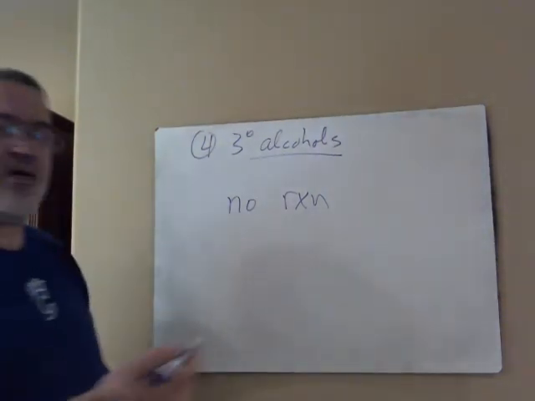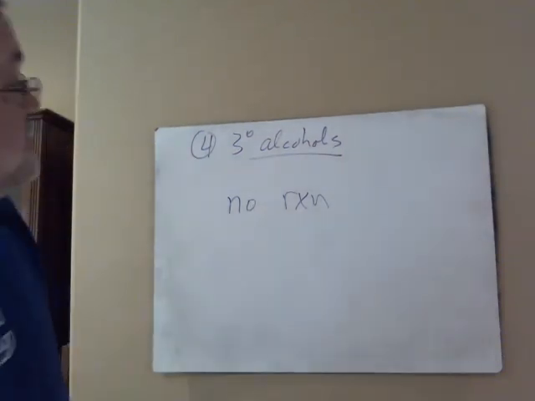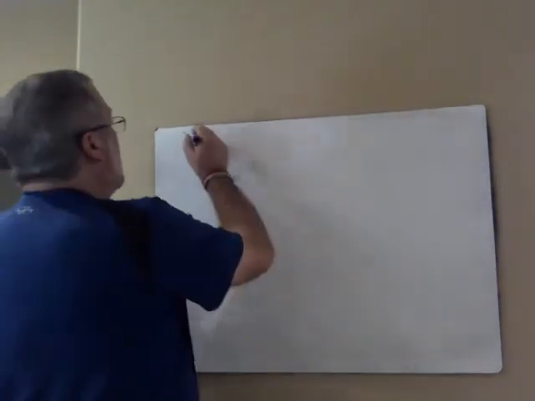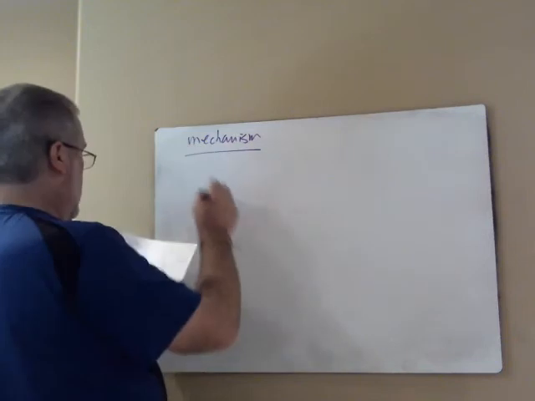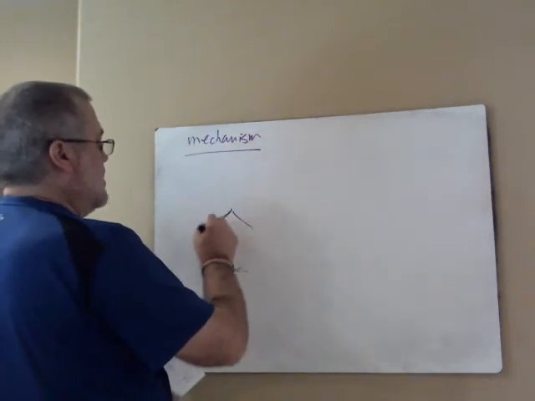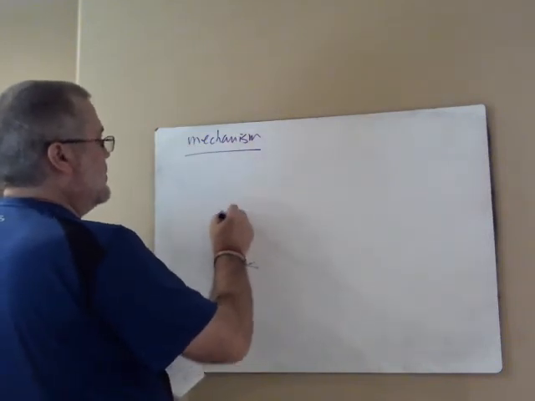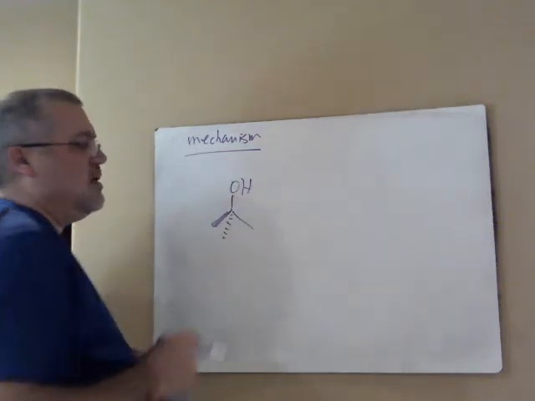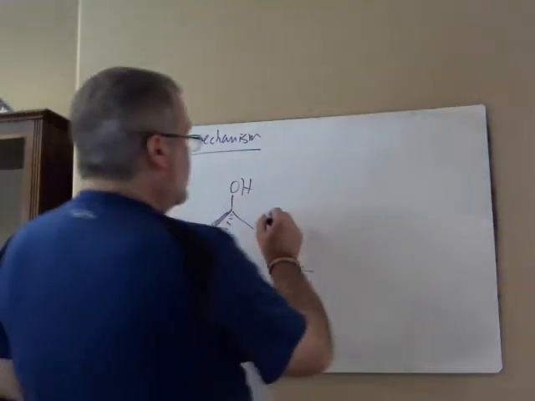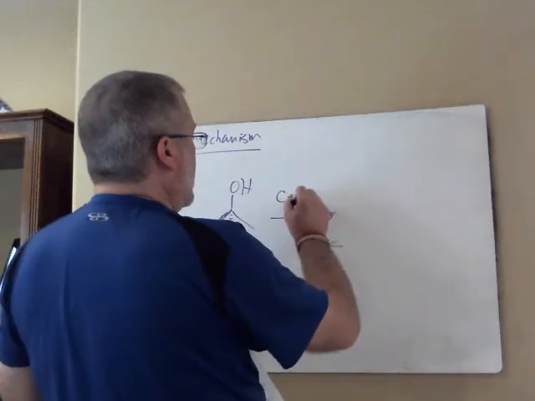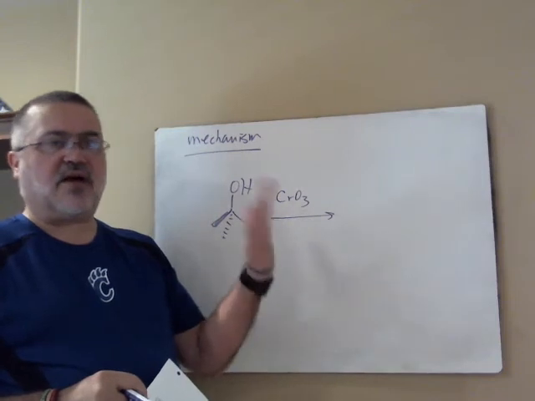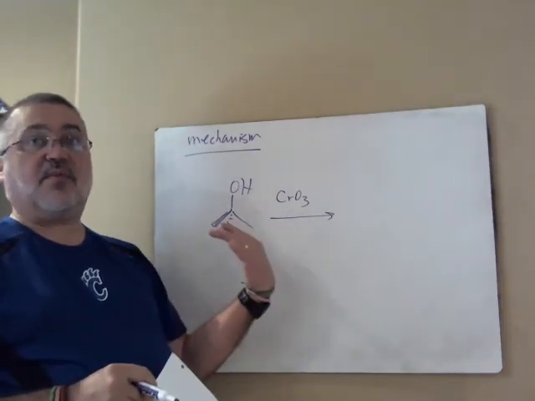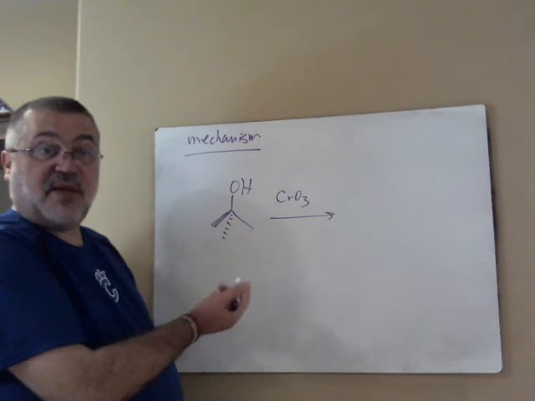For any alcohol that you have, this is what the mechanism looks like. Let's go ahead and pretend we're showing stereochemistry. So there's an alcohol. When you treat it with chromium trioxide, and potassium permanganate, we're not going to worry about it mechanistically, but it works the same way, as does PCC.